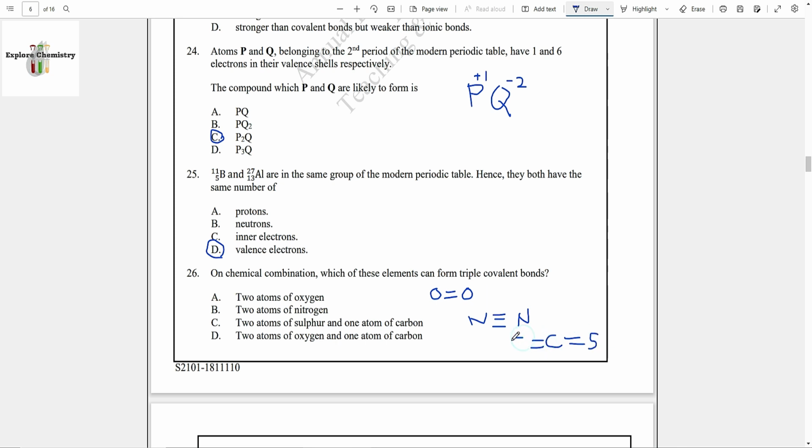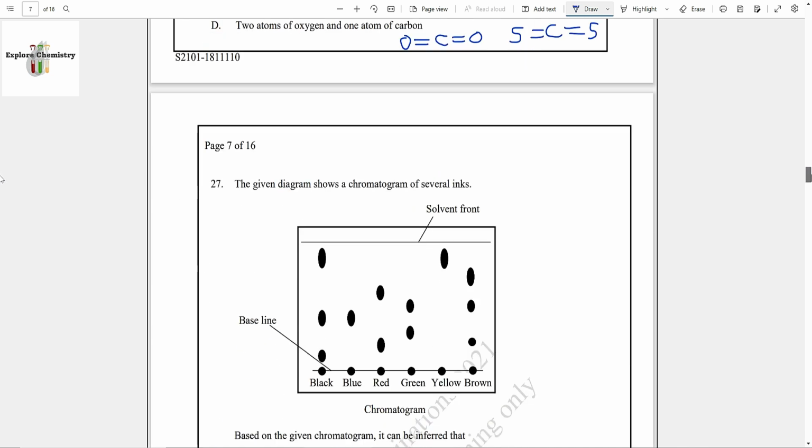And in option D it is written 2 atoms of oxygen and 1 atom of carbon, that is the formula of carbon dioxide. It is also having 2 double covalent bonds. So option B is the answer, 2 atoms of nitrogen, because nitrogen's valency is -3. It needs to form 3 bonds.